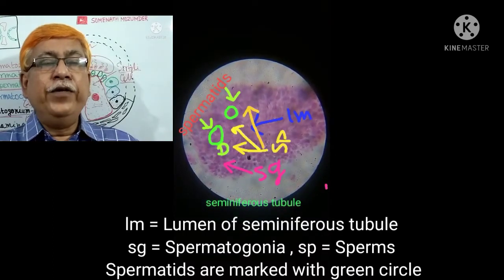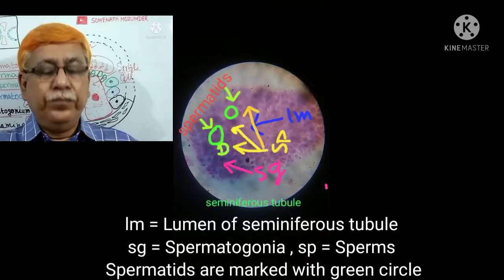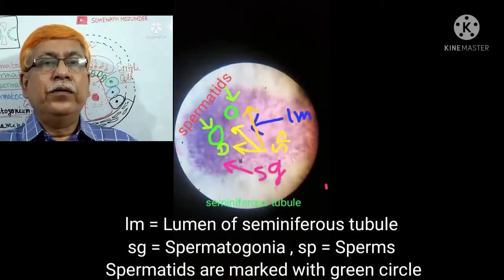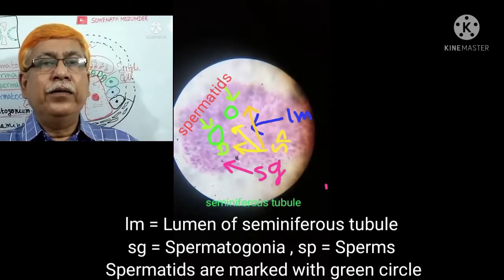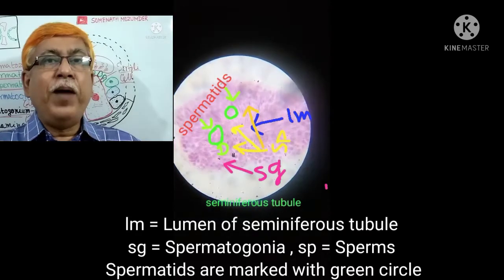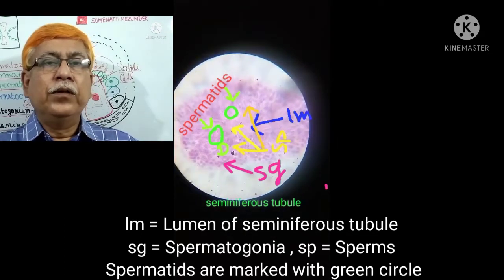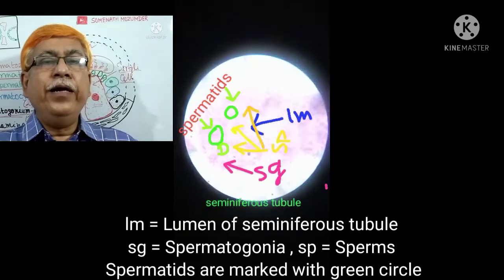Spermatogonia are marked here as SG. Sperms are visible here, denoted by SP. Spermatids are also visible here, and they are circled with green color.